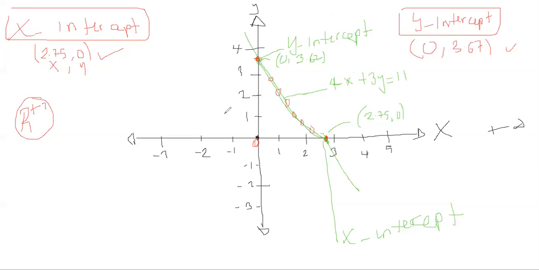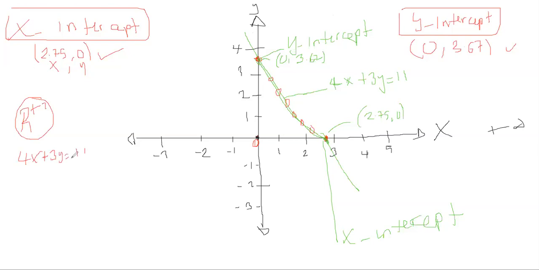For example, we can look for another point, because we have this point here, which is the y-intercept, and another point here, which is the x-intercept. But between these 2 points, we can have infinitely many other points. This is the equation, 4x plus 3y equals 11.